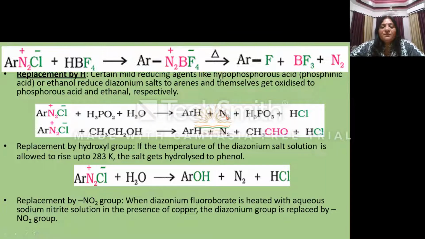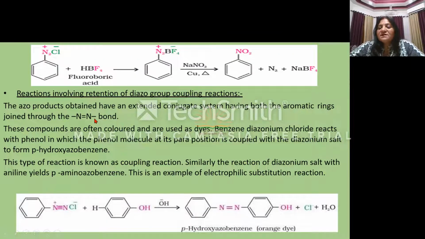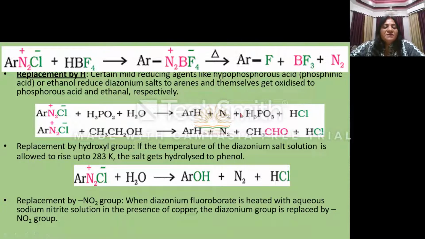This hypophosphorous acid oxidizes to phosphoric acid and HCl is formed. Here benzene diazonium chloride reacts with ethanol. It also gives benzene, and ethanol oxidizes to acetaldehyde, and the other products are the same, N2 liberation and HCl formation.